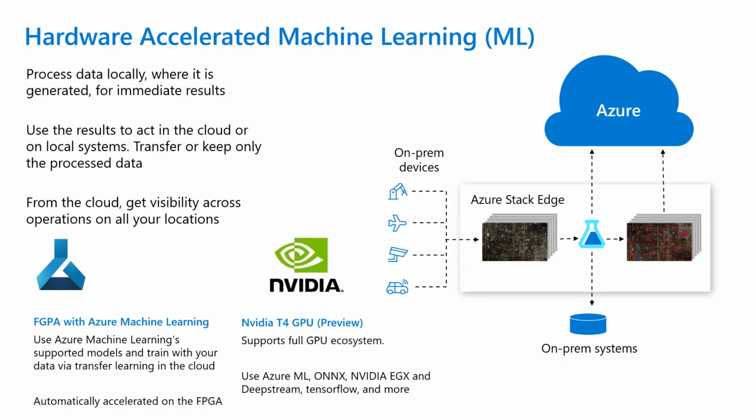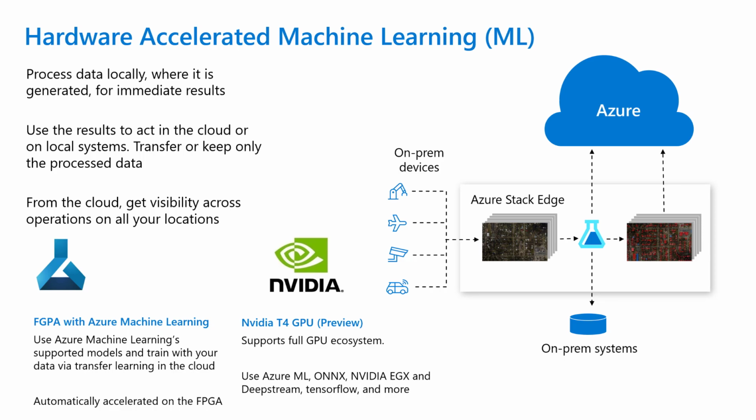Let's take a look at how Azure Stack Edge does hardware accelerated machine learning. With hardware accelerated machine learning on Azure Stack Edge, it processes the data locally, where it is generated, to produce immediate results. These results can be acted upon in the cloud or on local systems.